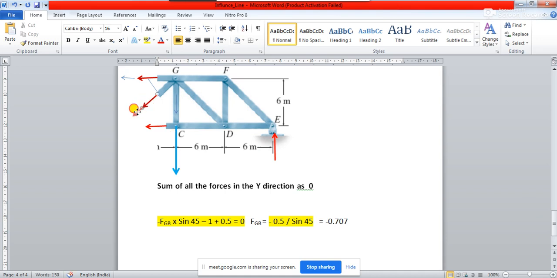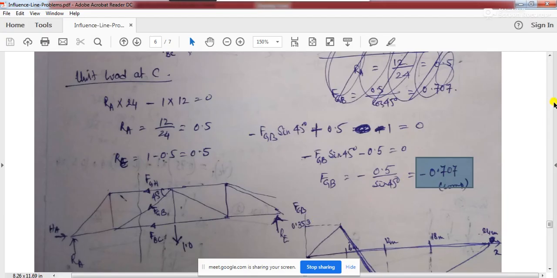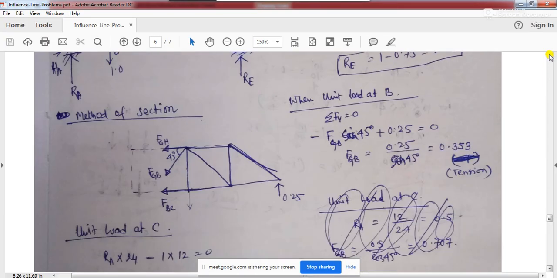Now see what is the difference from the previous case. We have assumed the force in the member GB in this direction, right? In the previous case, when the load is at B, we got a positive sign for FGB. That means our assumption was correct, and the force was tensile.